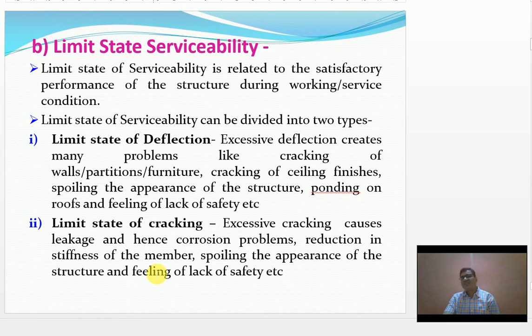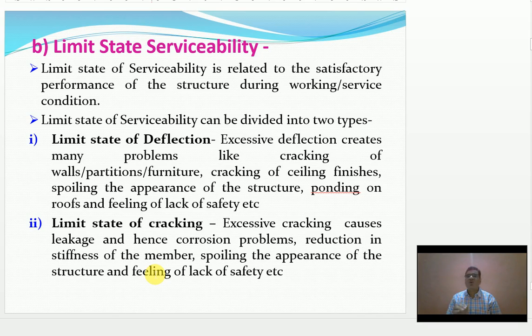Now, the second one is limit state of serviceability. As I told you, the serviceability is related to satisfactory performance of the structure during working condition or service condition. Working condition or service condition means actual when the structure is subjected to the loads for which we are designed. Normally when we consider, suppose a classroom is there, and in that classroom the capacity of the classroom is 60 students.